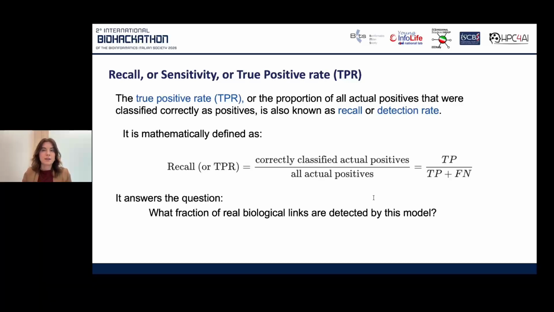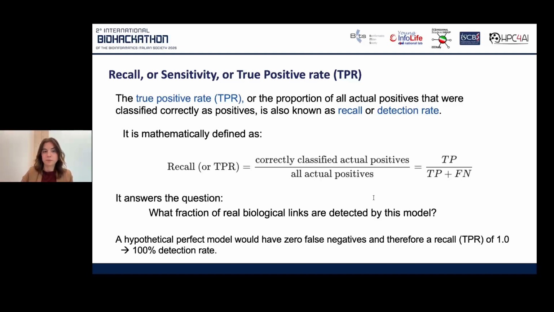So it's answering the question: what fraction of real biological links are detected by my model? A hypothetical perfect model would have 0 false negatives and therefore a recall of 1, so a 100% detection rate.